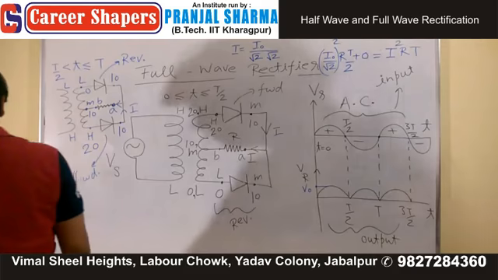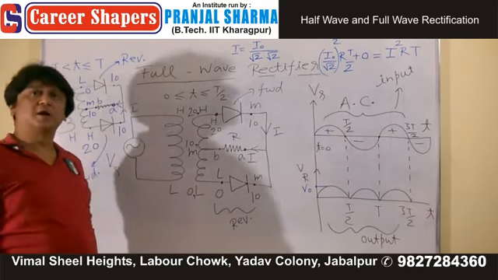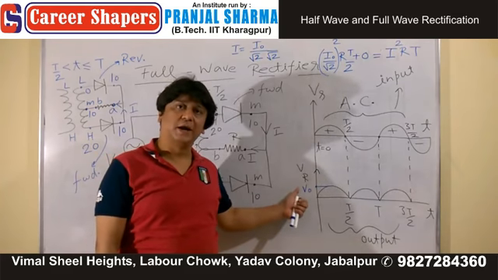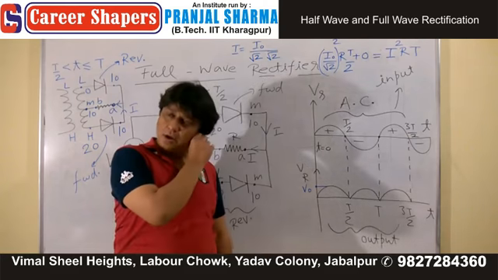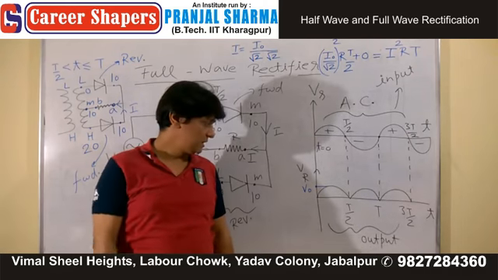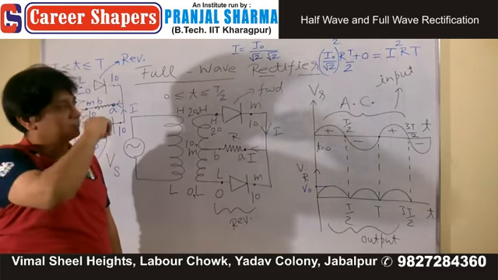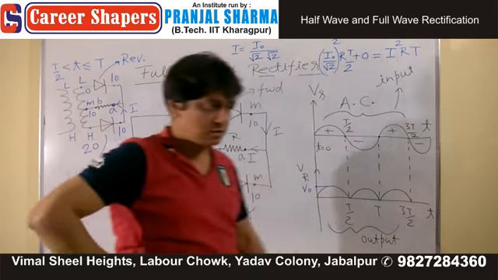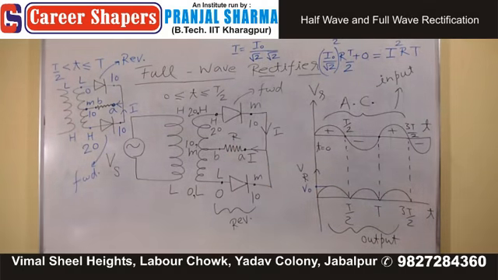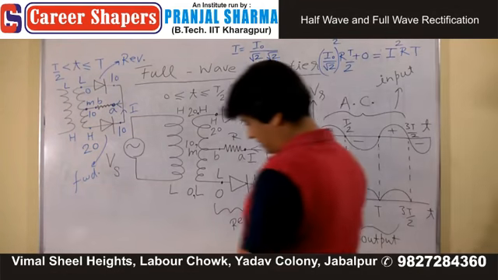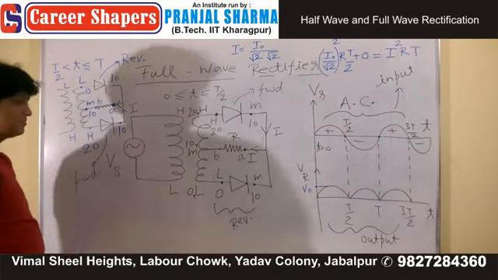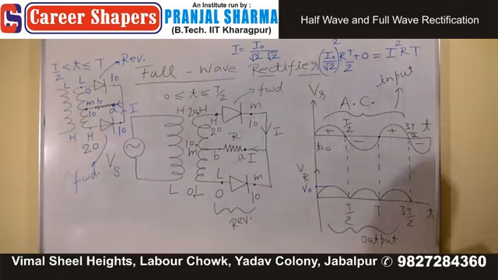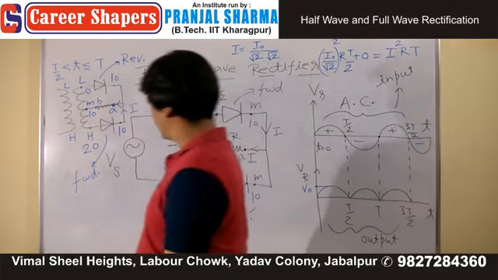Average and RMS values of output voltage if peak voltage is V0. I hope everyone can answer this question. Just give it a try. It's not a difficult thing. You can answer it.